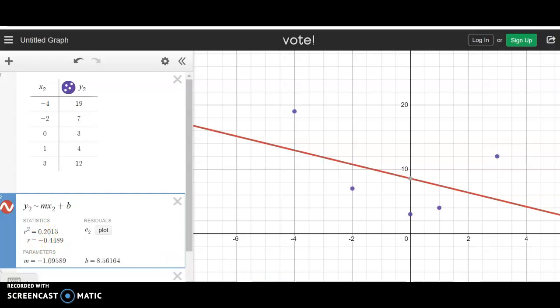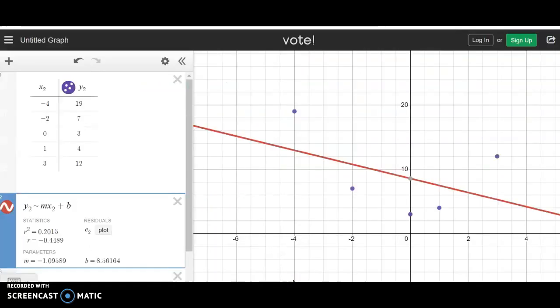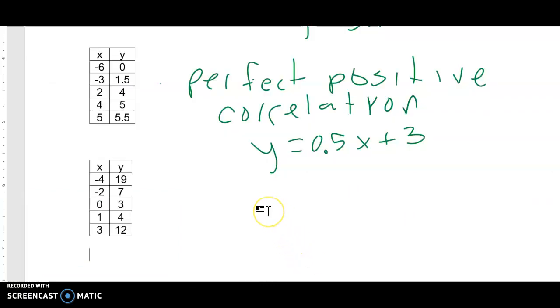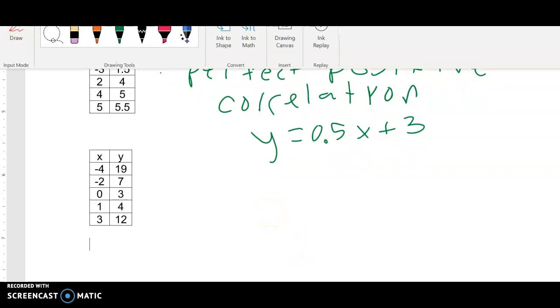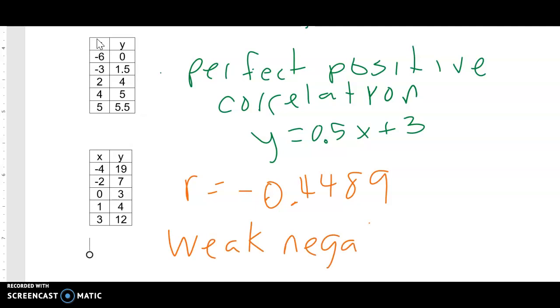And so for an answer, we are going to say that R is negative 0.4489, and that is a weak negative correlation.